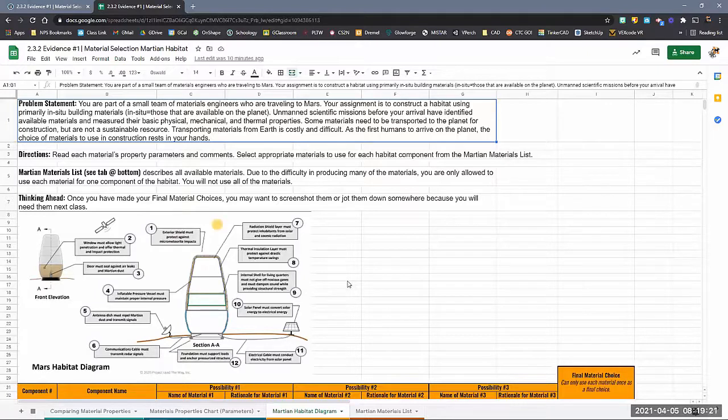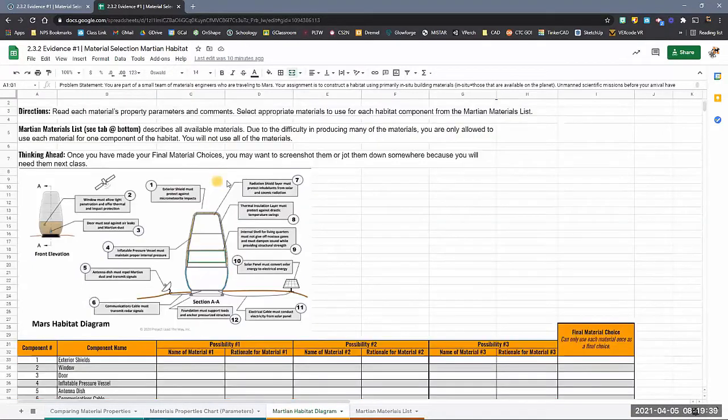But what I want you guys to do is imagine that you're, again, an engineer and you want to look at the materials that are available on the planet. As we get the planet ready for people to come, a lot of those materials don't need to be transported, because they're already available there. So what you're going to do is read each material's properties. You're going to essentially choose the appropriate material for each habitat component.